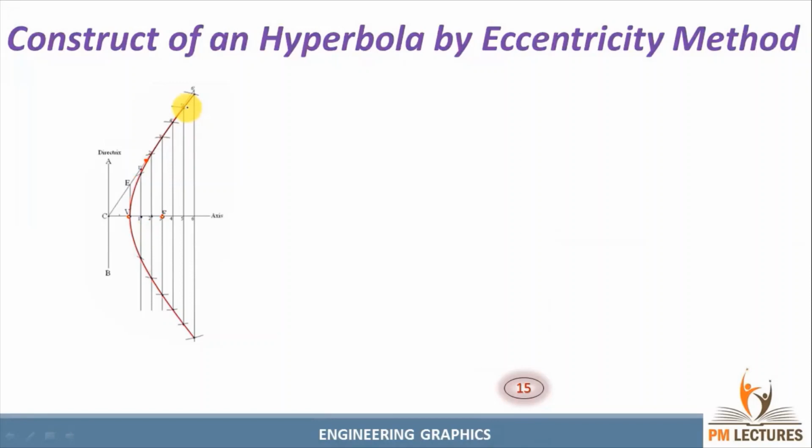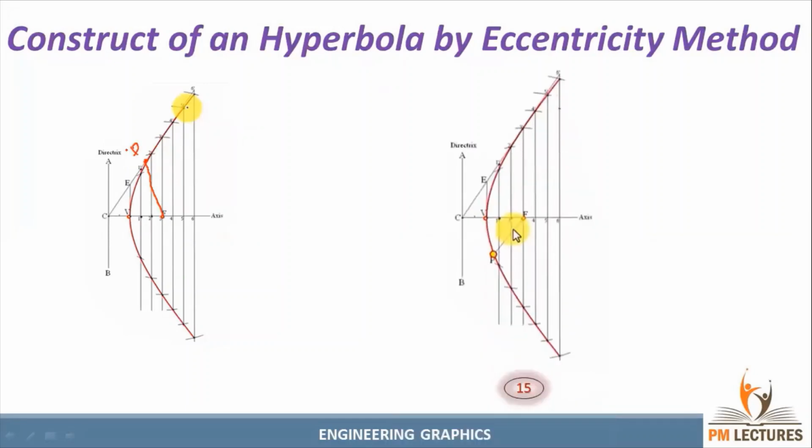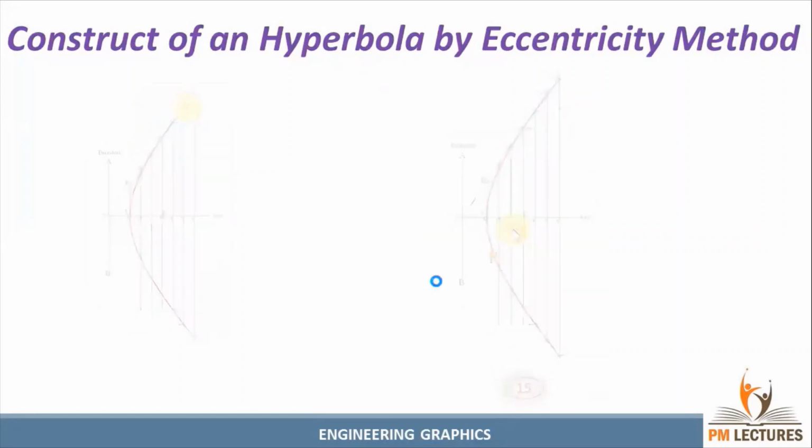After marking, I join this point to F by a line and name the point as P. Anywhere I put it at the top, here they put it at the bottom. Okay, it's clear now.